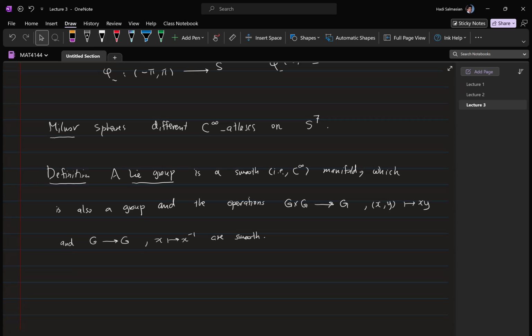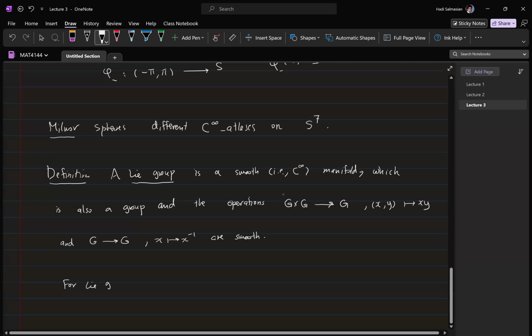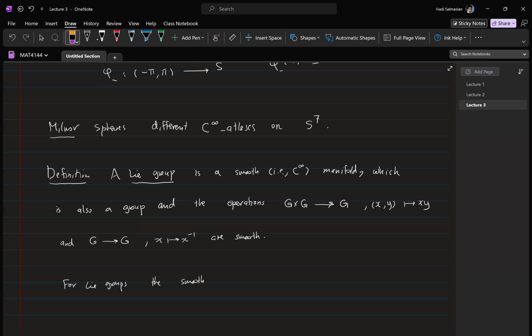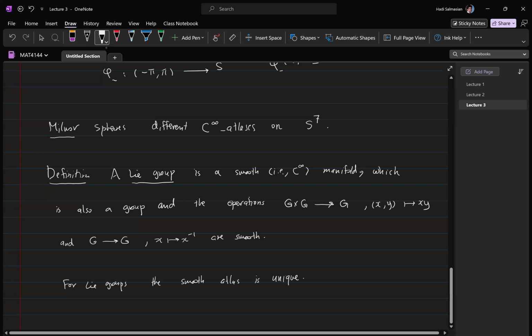So they're not going to be in the scope of this course. So for Lie groups, luckily, the smooth structure, the smooth atlas, is unique. Okay, so we will not prove it.